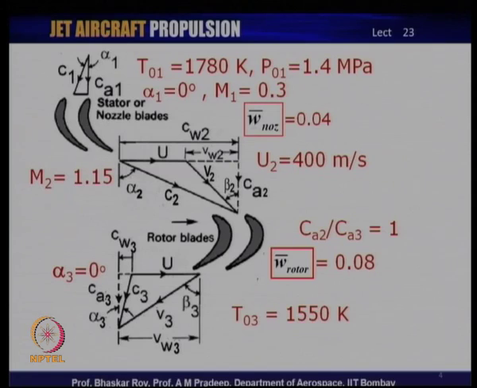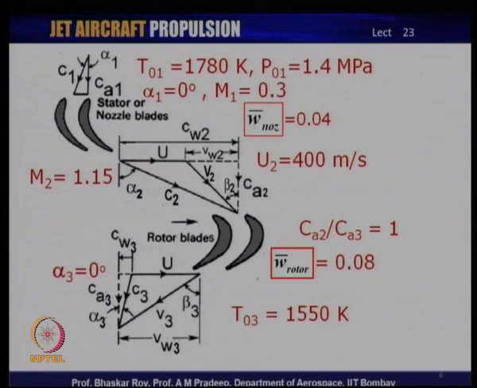The other thing that is given is that the exit total temperature is 1550 K, which means it has undergone a total temperature drop of the order of 230 K across this turbine. That is the amount of work you can expect this turbine to have accomplished in the process of transfer of energy from the gas to the rotor and then mechanical work.